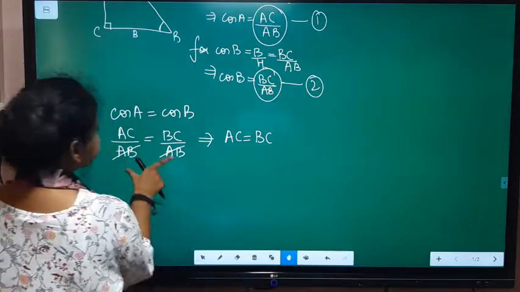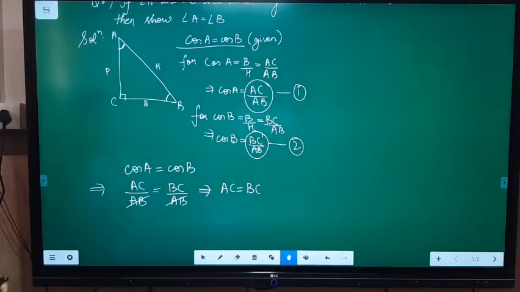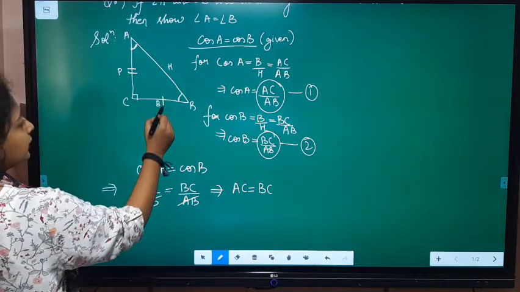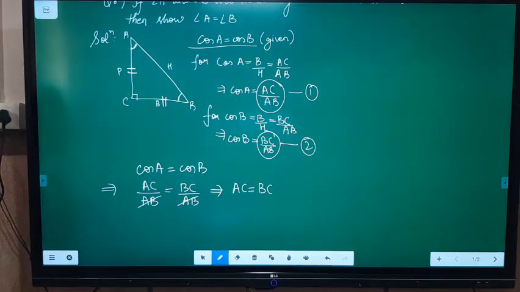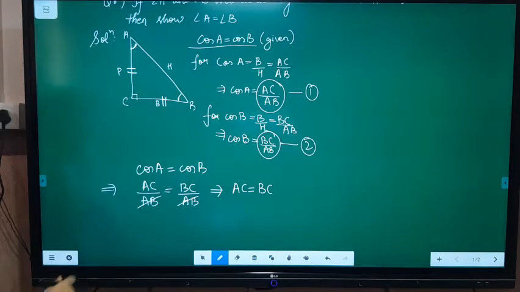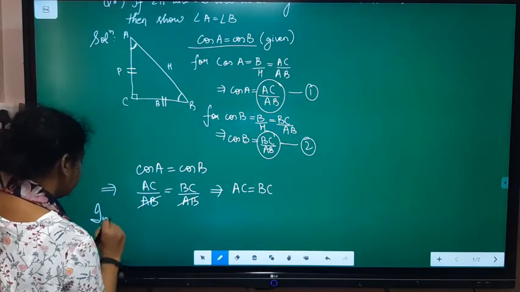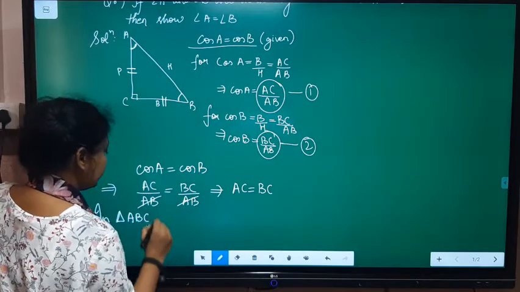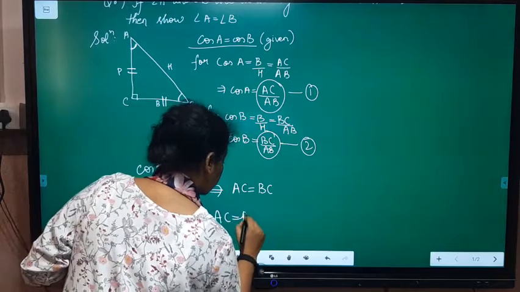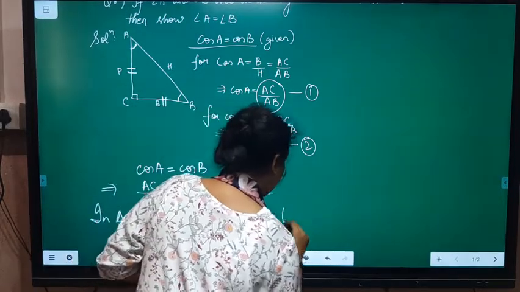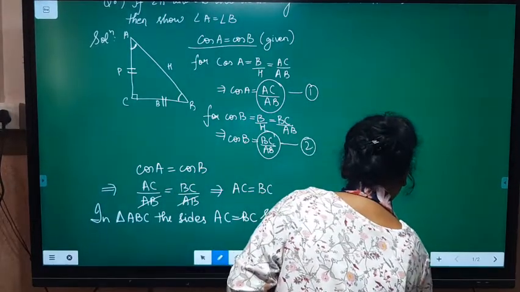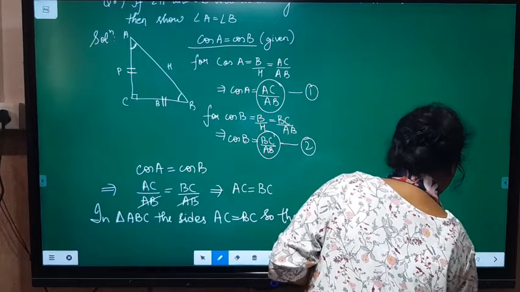Now again, in this triangle, if you see, this side is equal to this side, and we know by the properties of triangles that angles opposite to equal sides are also equal. This means in triangle ABC, the sides AC equals BC, so the angles opposite to them are also equal.